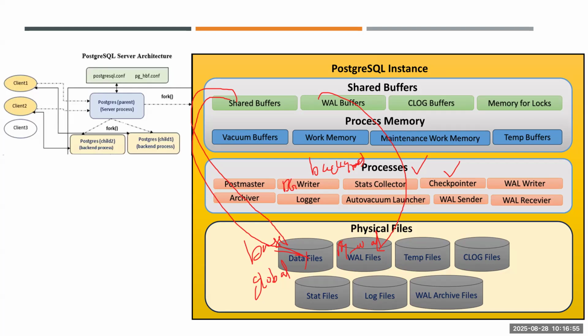So checkpoint is also a background process. Background writer is also a background process, continuously running and moving your dirty data to the disk.